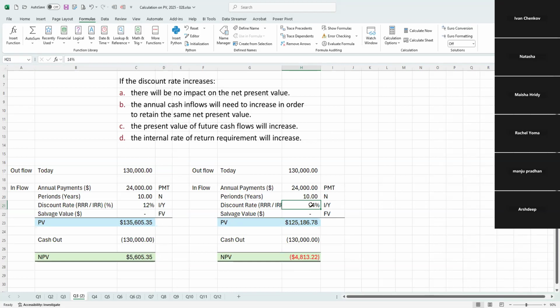Well, the discount rate increases, but are we reaching the internal rate that we need to make this one positive? Is it going up or going down? It's going up, but remember the discount rate is increasing. Is it possible for the internal rate to increase?